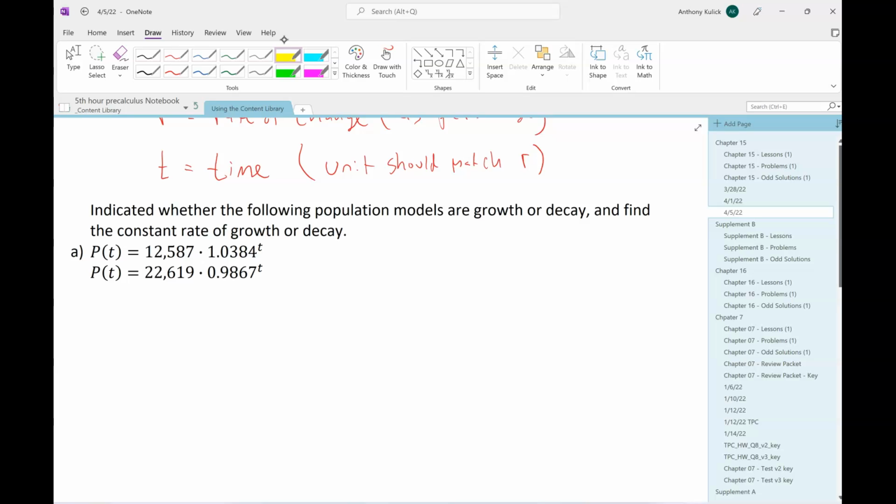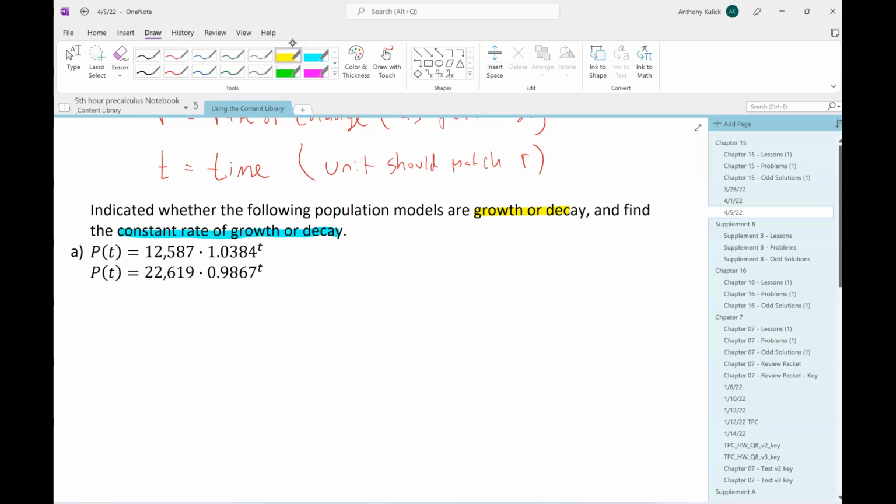First, to determine whether these are growth or decay. And then second will be to find that rate of change, whether it's a rate of growth or decay. Everybody cool with the questions asking?